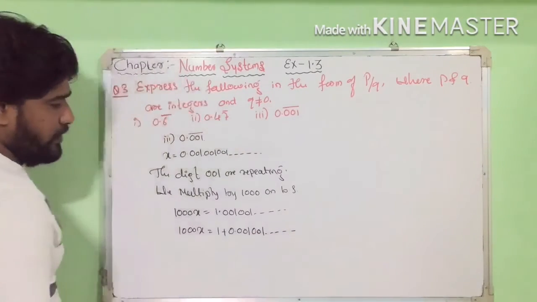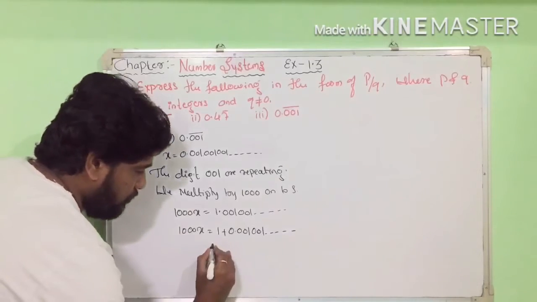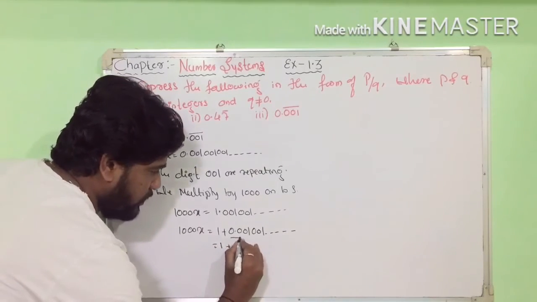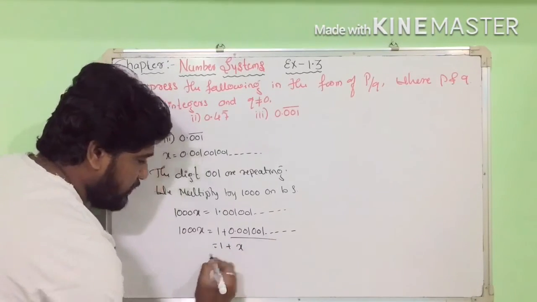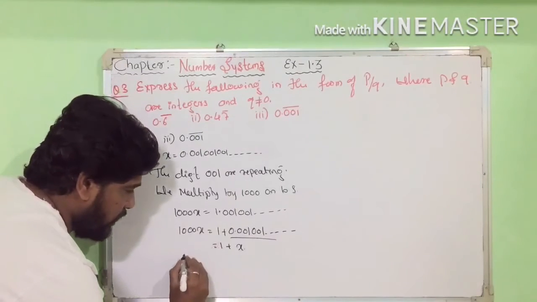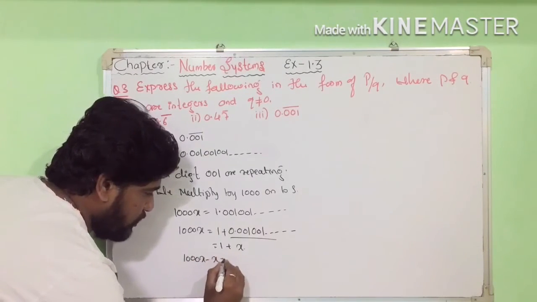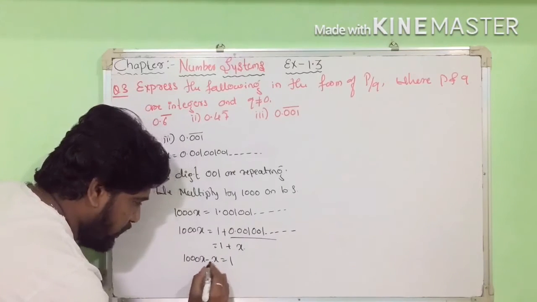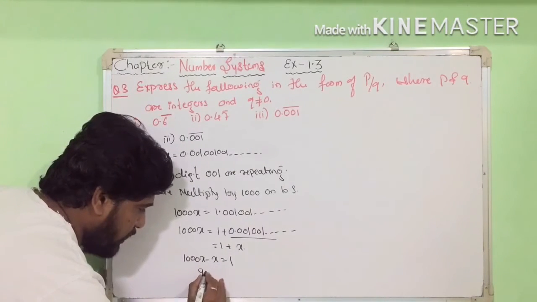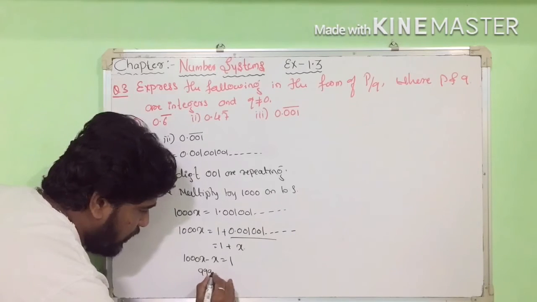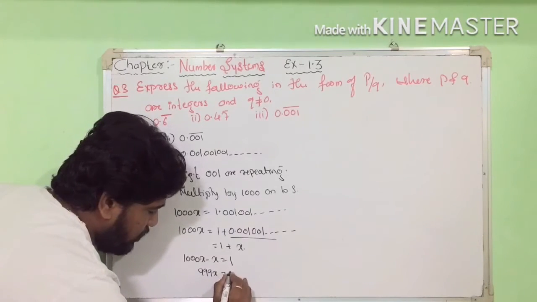Is it clear? So now 1 plus, this we consider as x. So this comes this side, this becomes minus. 1000x minus x is equal to 1. Make this minus, we got 999x is equal to 1.